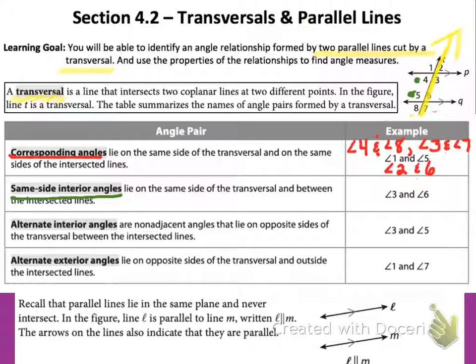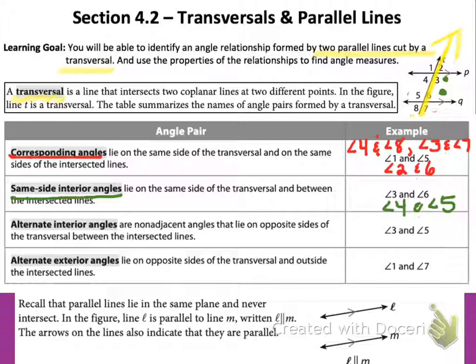And that one's not listed, so we'll go ahead and list that one, 4 and 5. And then on the other side, the one that's listed is another pair, and that's 3 and 6. See, they're both on the right of the transversal and between the two lines. So interior means inside, so they're inside those two lines and they're on the same side. So that's same side interior.